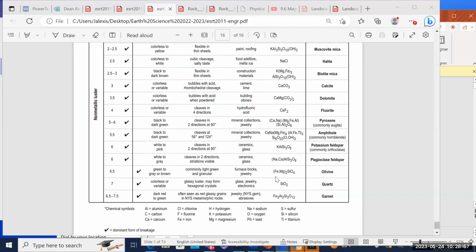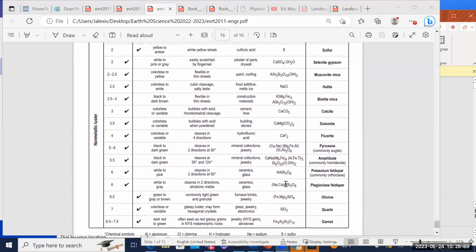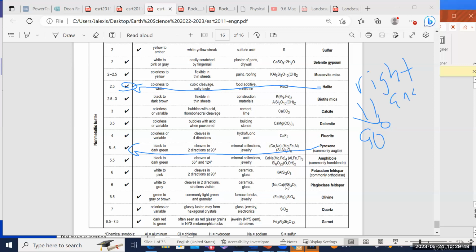Choice 4, halite and pyroxene. When I take a look, halite has a cleavage check and pyroxene has a cleavage check. Remember, a right angle is 90 degrees, so it cleaves in 2 directions. For halite, it says it has a cubic cleavage.